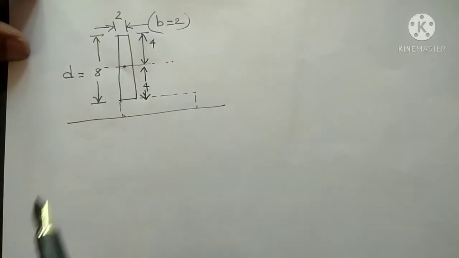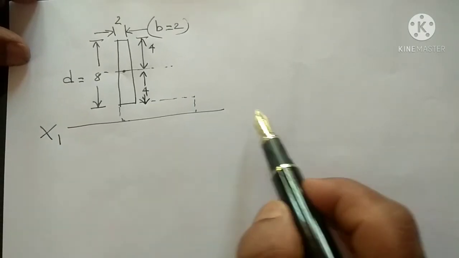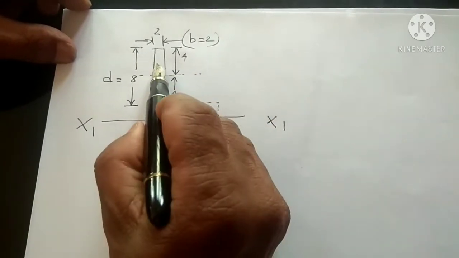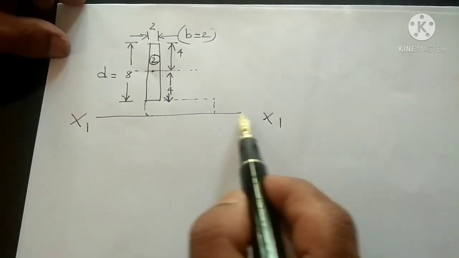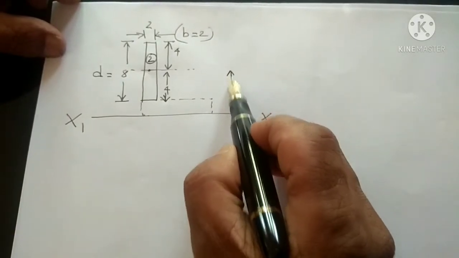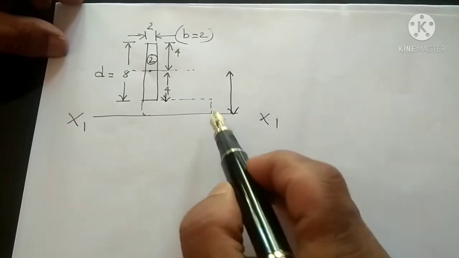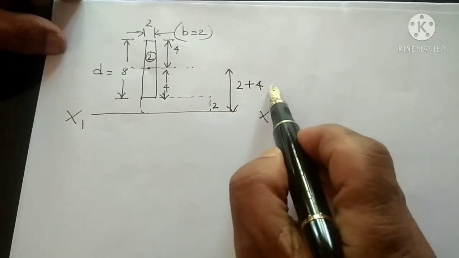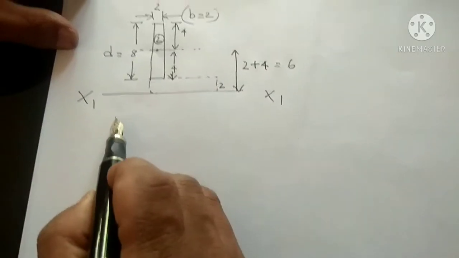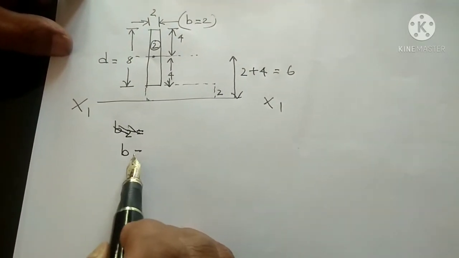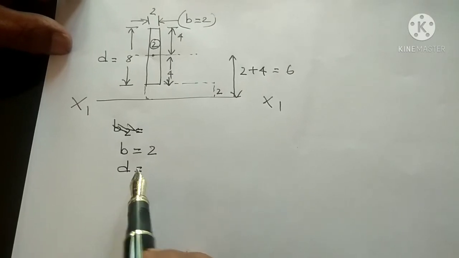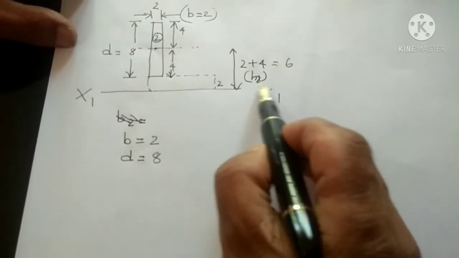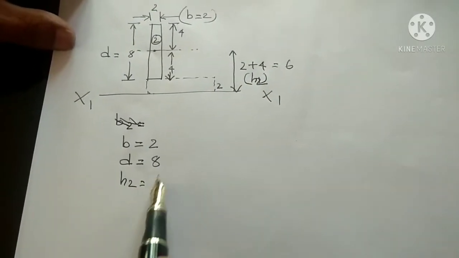This is our reference axis X1. The distance between the centroidal axis of the second component and this reference axis is already 2 plus 4, which is equal to 6. For the second component, B is equal to 2, D is equal to 8, and I am representing this as H2. So H2 is equal to 6.